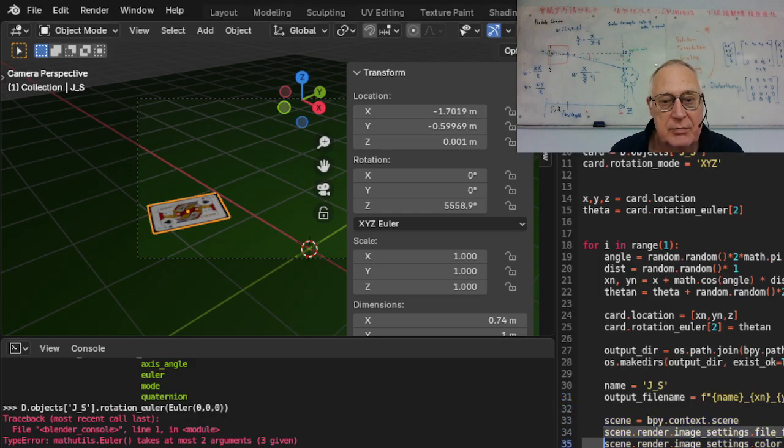So here we save it as a PNG file in RGBA format, 8 bits per channel.